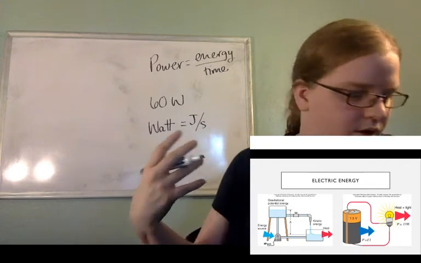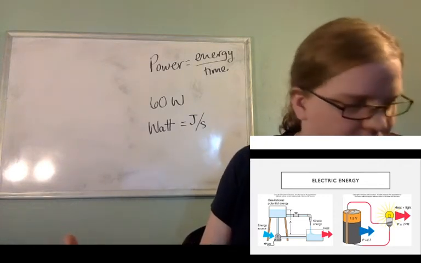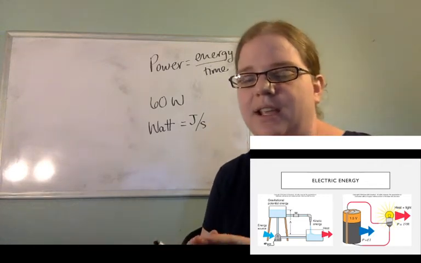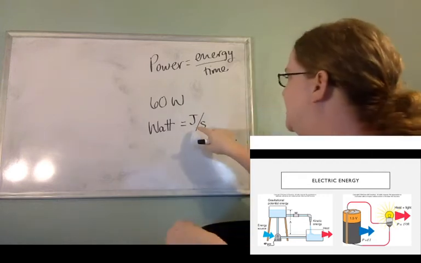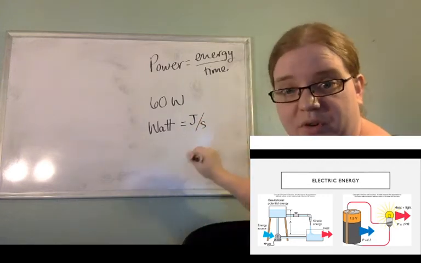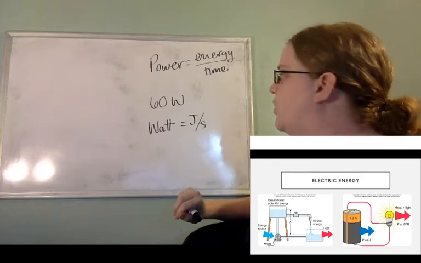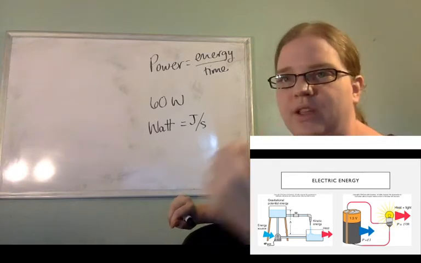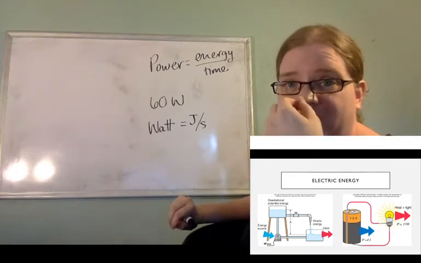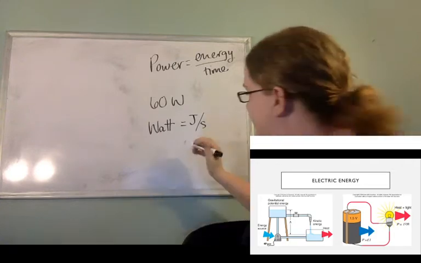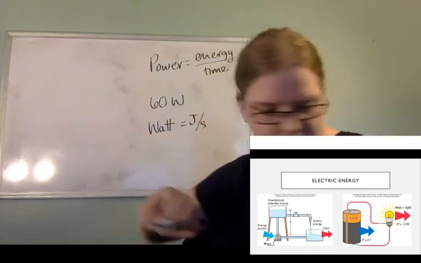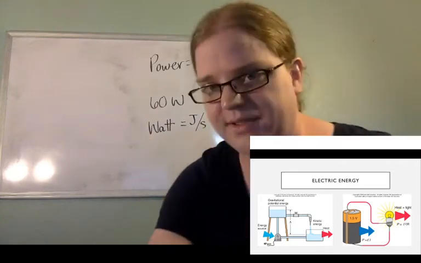Well, it's going to convert that energy from the battery into heat and light. The way we usually calculate this, because this is not just energy itself, it's energy per time, you can say here's how much energy the source gives us. Let me write it this way.